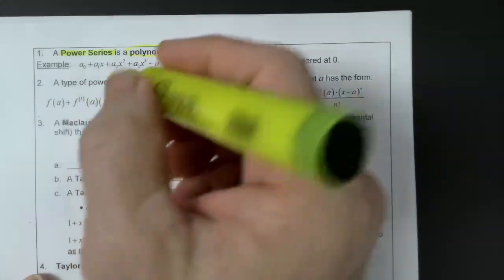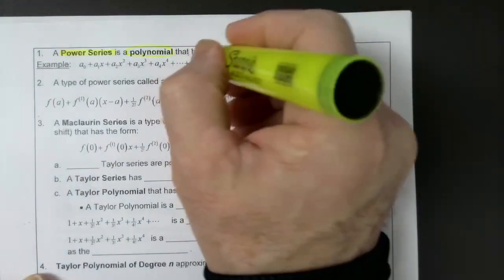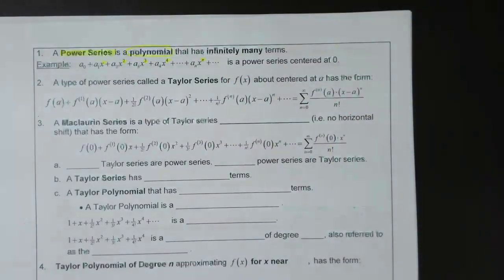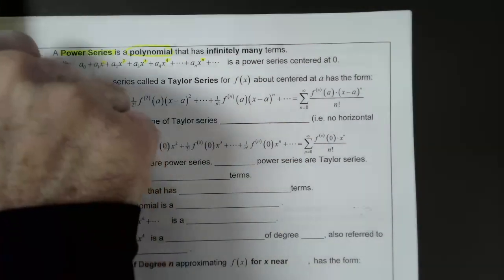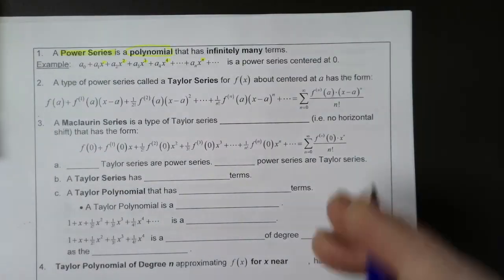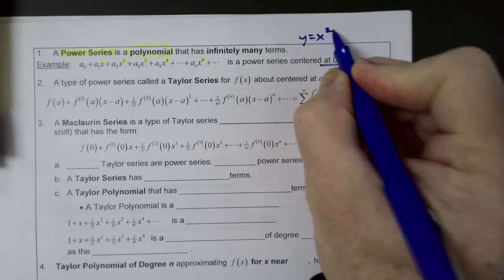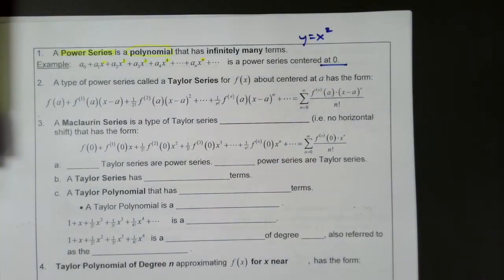Okay, but it's a power series because you can see that every single term has x to a power. That makes it a power series. This one doesn't shift left or right. It is centered at 0, just like y equals x squared is a parabola that's centered at 0.